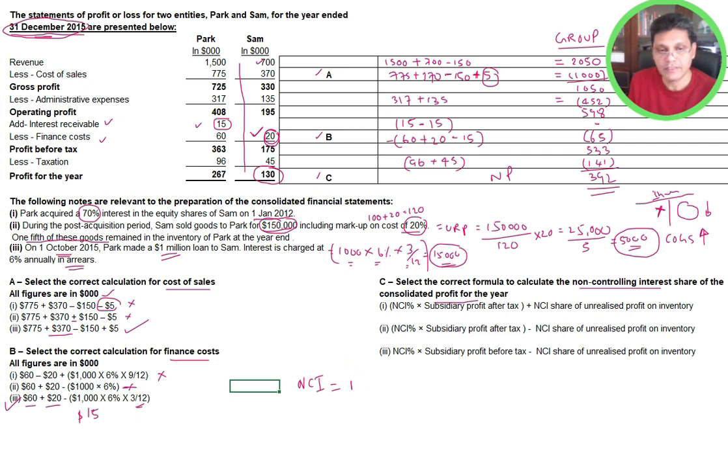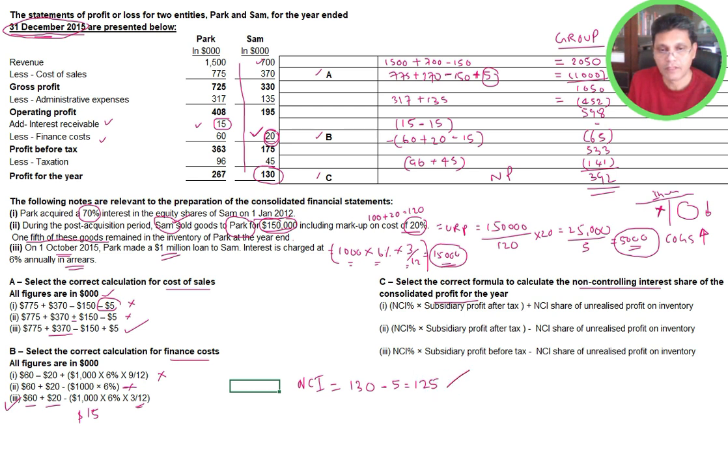From this 130, as I explained, you need to eliminate the unrealized profit, because the profit is recognized. Sam sold goods to Park. So therefore Sam has recorded the profit. So this profit is recognized in Sam's book. So therefore the unrealized profit of 5 is included in Sam's profit. So that unrealized profit has to be removed. So that will be 125.